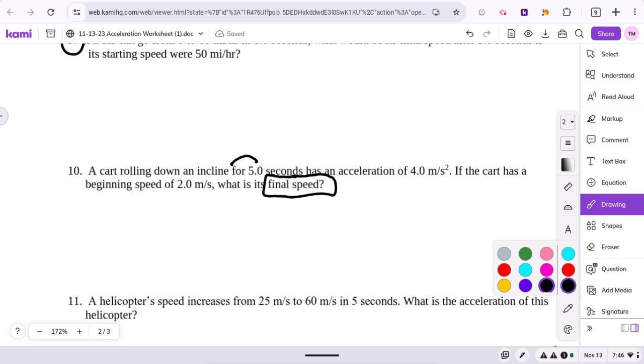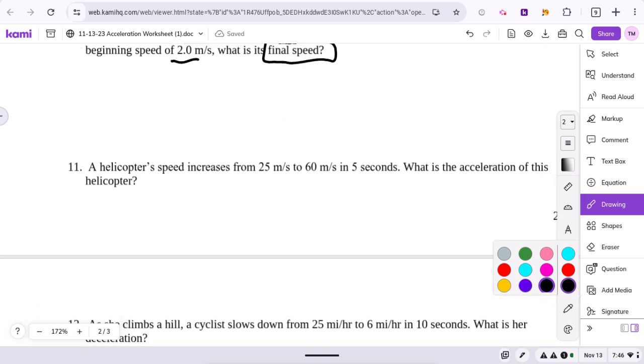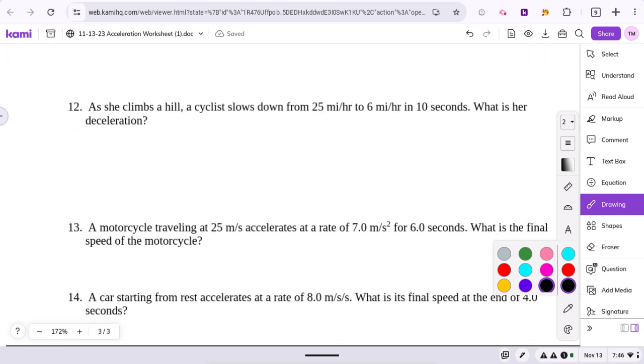It's going to take 5 seconds, has an acceleration of 4, and its beginning speed of 2. It wants to know the final speed. So this one's like ones we've already done, right? Increasing from this to this in 5 seconds. Let's just set up the equation, plug the numbers in.